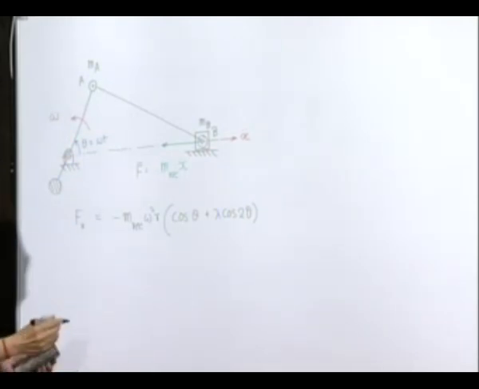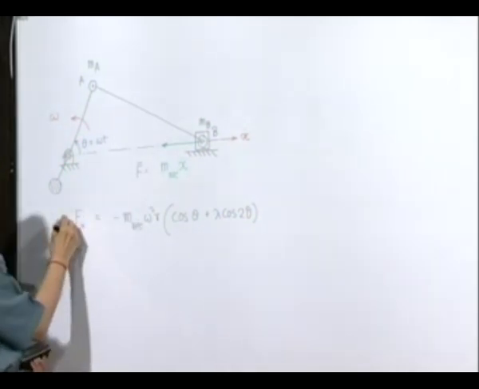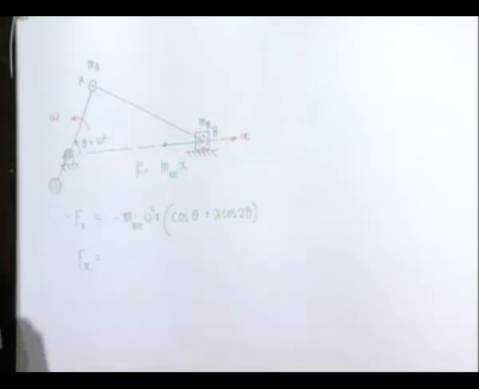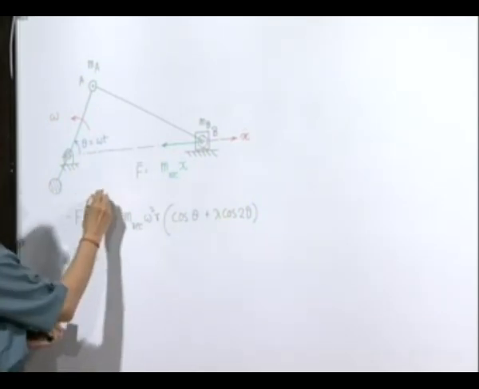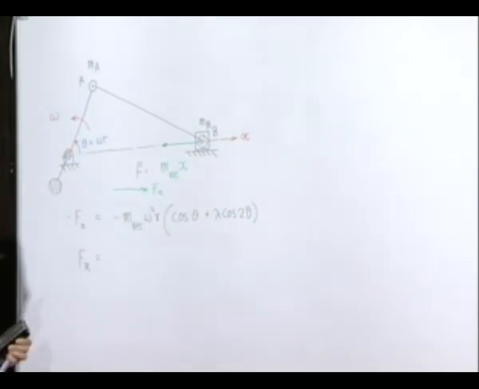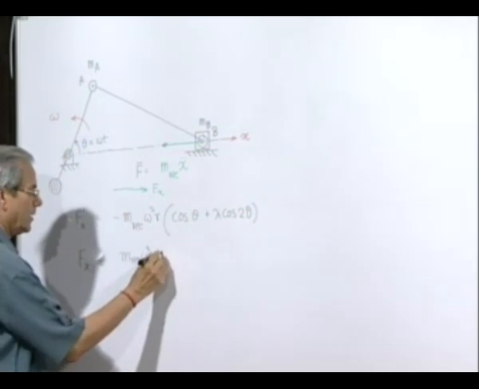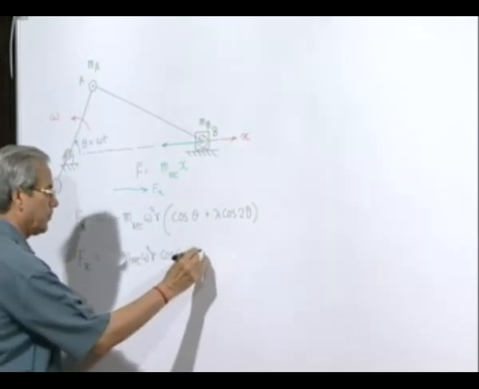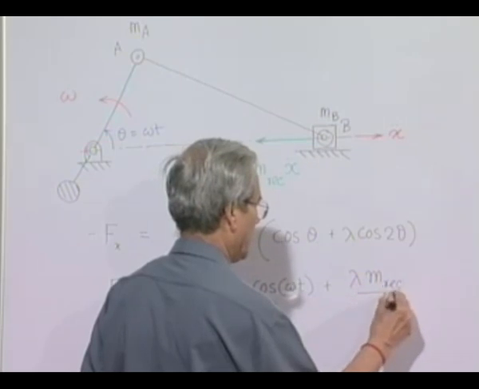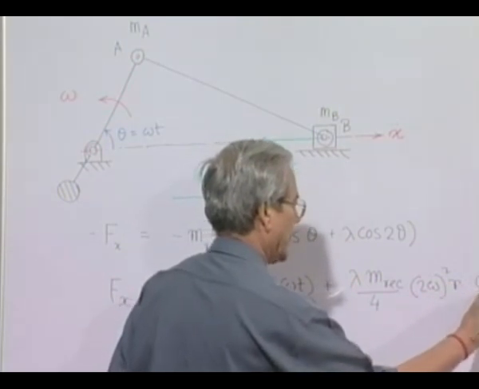Or in a way we can say that the force acting on the whole system as an inertia force in this direction, if we call it Fx, then Fx is nothing but m reciprocating omega square r cosine omega t plus lambda m reciprocating by 4 times 2 omega square r cosine 2 omega t.